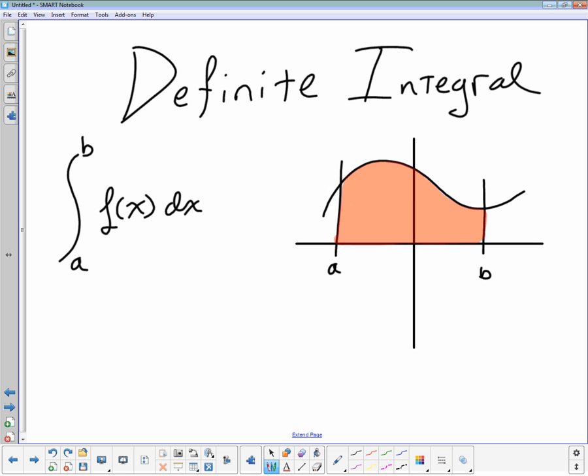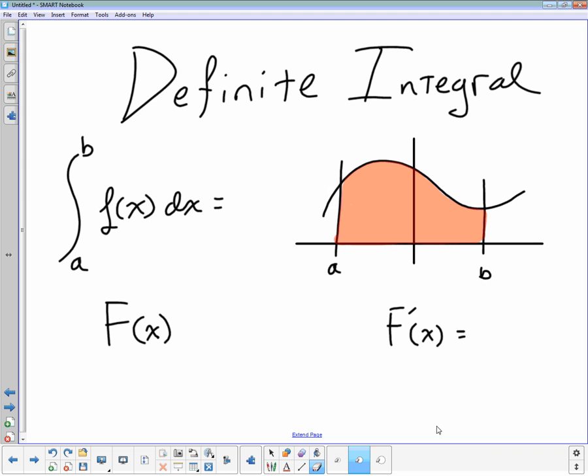Okay, so when we do the integration, we come up with a function, and what we do is we evaluate this function, and I should preface this by saying that if I were to integrate f of x, I get capital F. If I took the derivative of capital F, I'd get lowercase f.